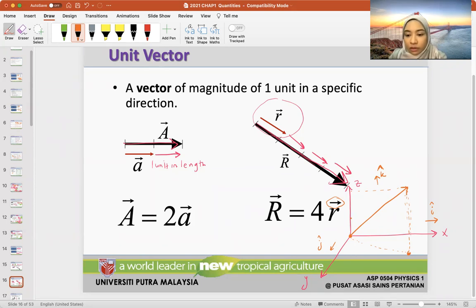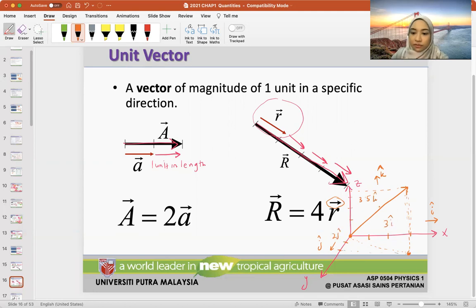So likewise, if this one is 1, 2, 3, this should be 3I. And then you have 1, 2, 3.5. This is 3.5K. And in this one, maybe this is 2J.